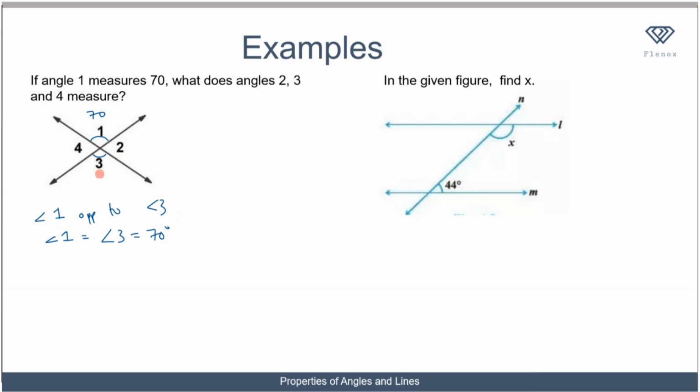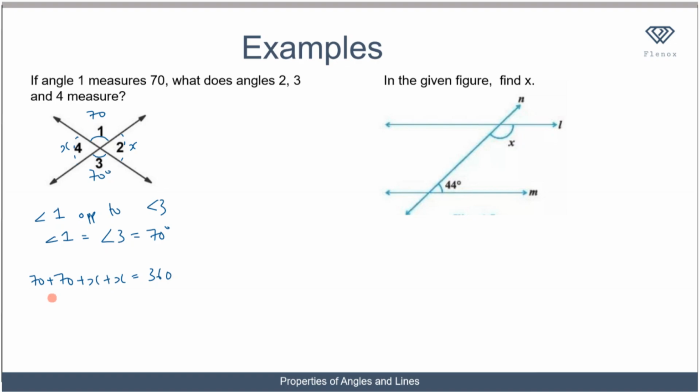So I know that this angle here is 70 degrees. Now I know that angle 2 and angle 4 must be equal since they are opposite angles. So I can call it x, and I can call it also x because they are the same. Now I know that the sum of angles at a point, or a full angle, is 360 degrees. So 70 plus 70 plus 2x must be equal to 360 degrees.